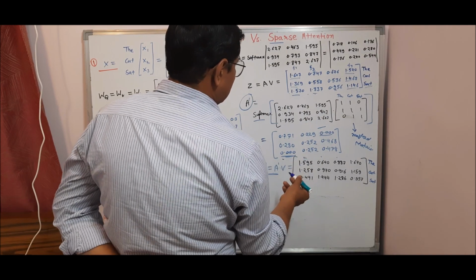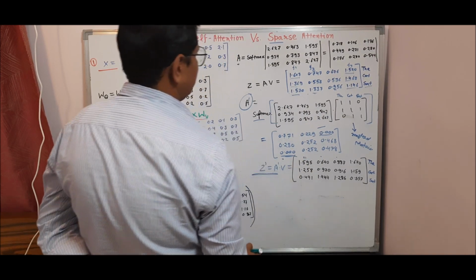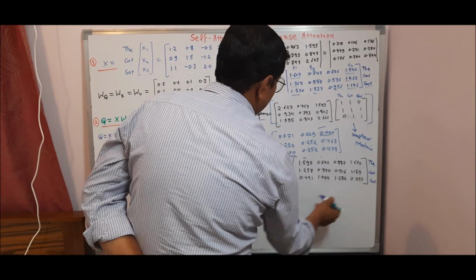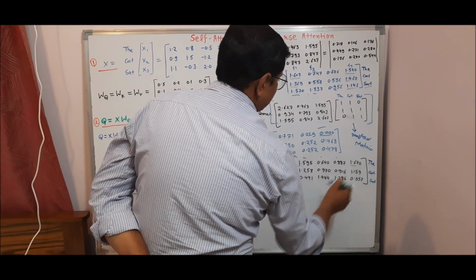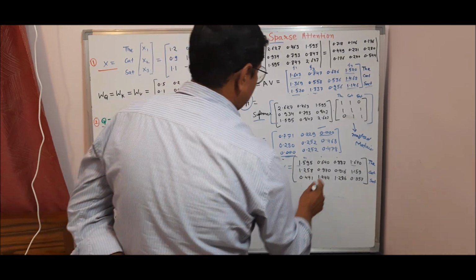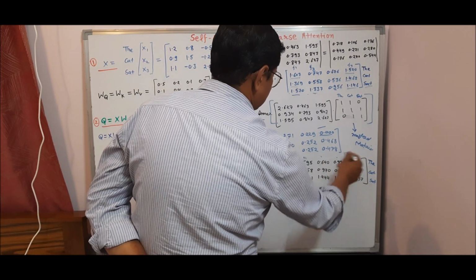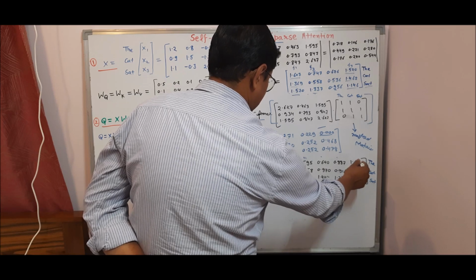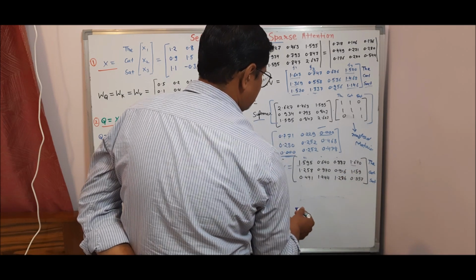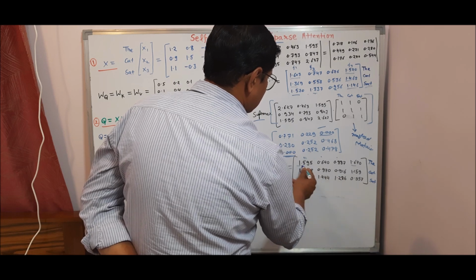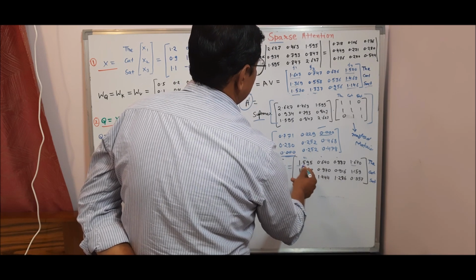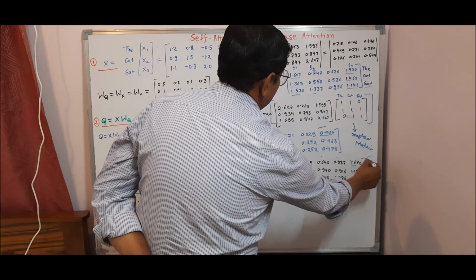Now we will see what happens in the case of masking. After masking, you will find that this feature and this feature are actually the highest. This is the first highest score, and this seems the second highest score. Both are with the.